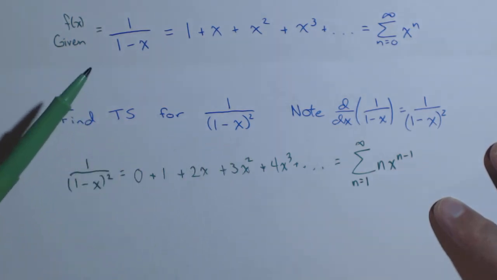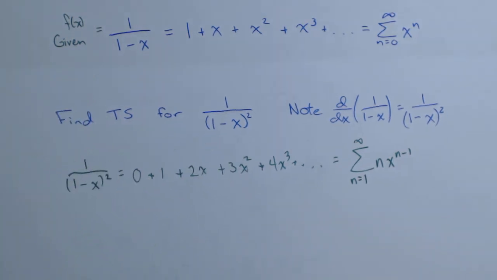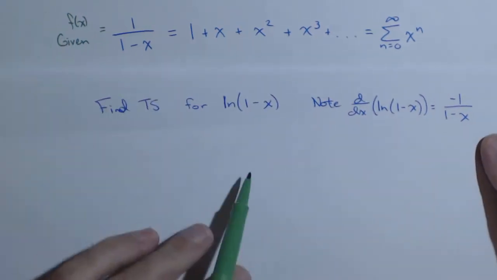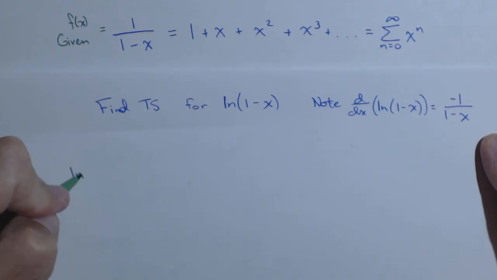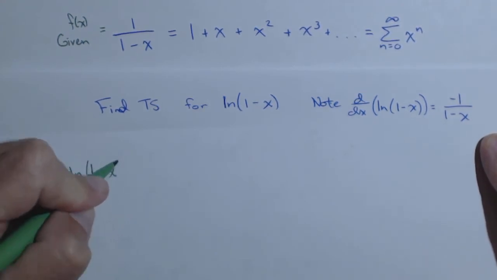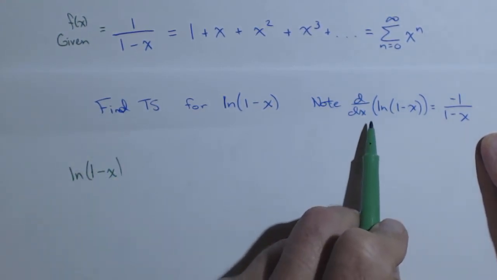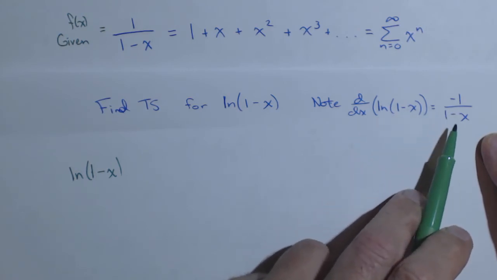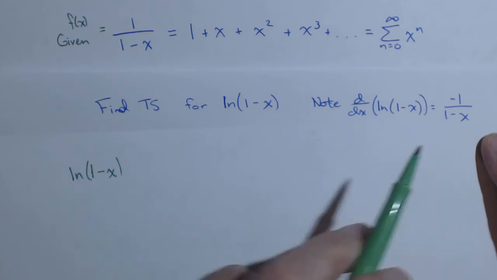So that's using differentiation to find a Taylor series. The reverse is going to work as well. Let's say we want the Taylor expansion for ln of 1 minus x, and here's our hint. The derivative of ln of 1 minus x is negative 1 over 1 minus x.